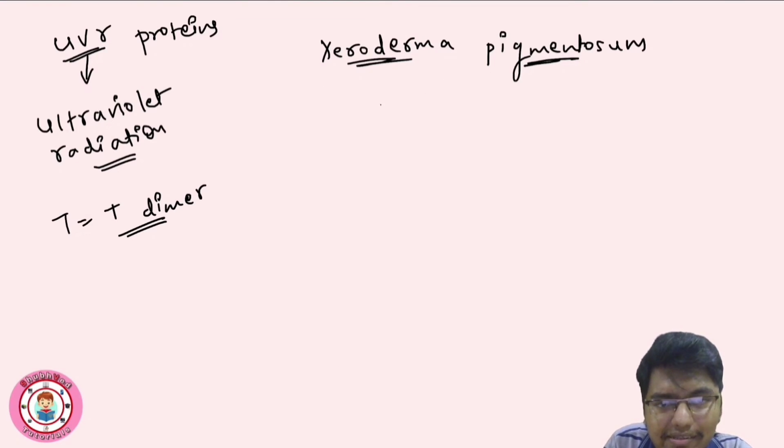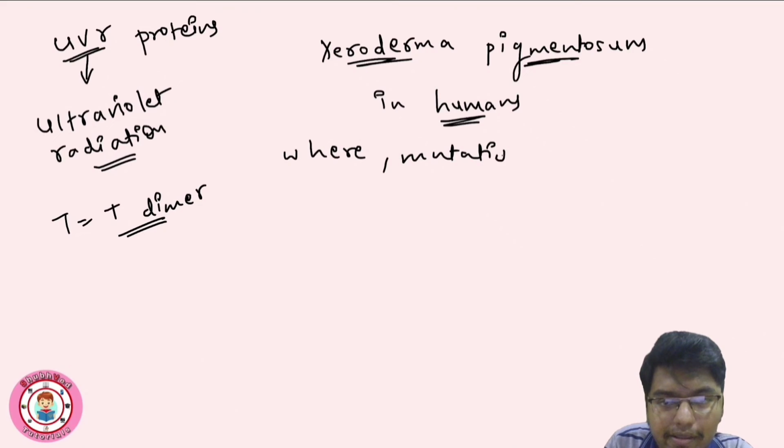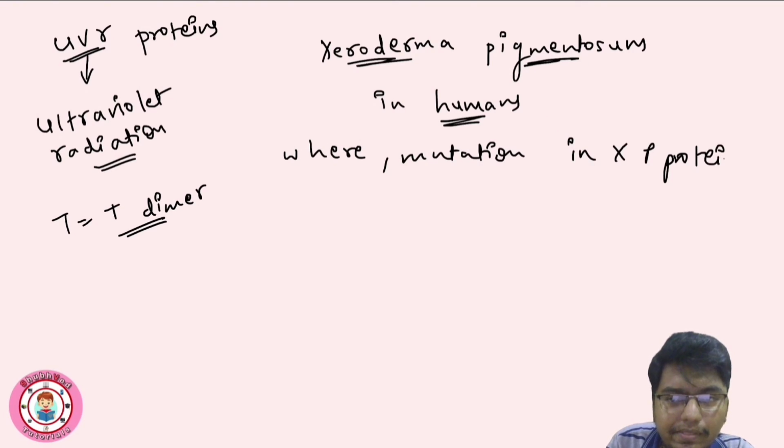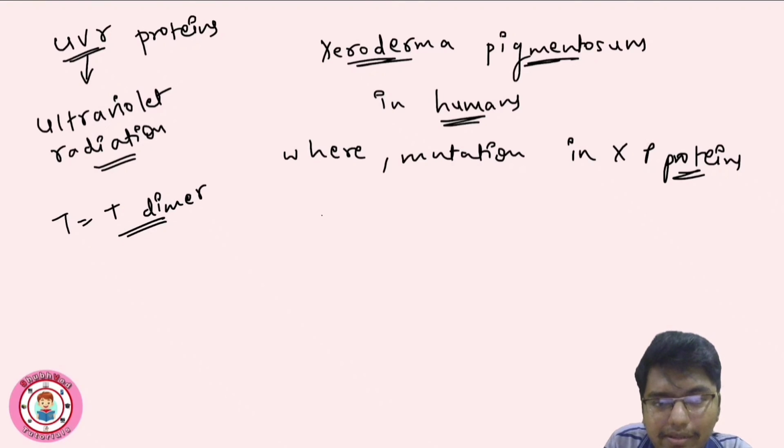This disease is caused in humans where there is a mutation in the XP proteins, so the repair is not done. The damage that is caused due to UV rays is not repaired properly and it results in skin problems.